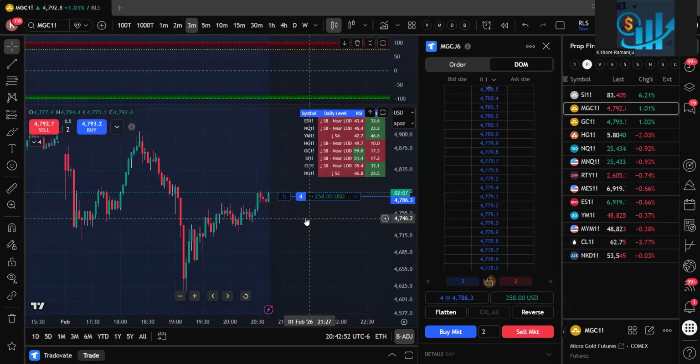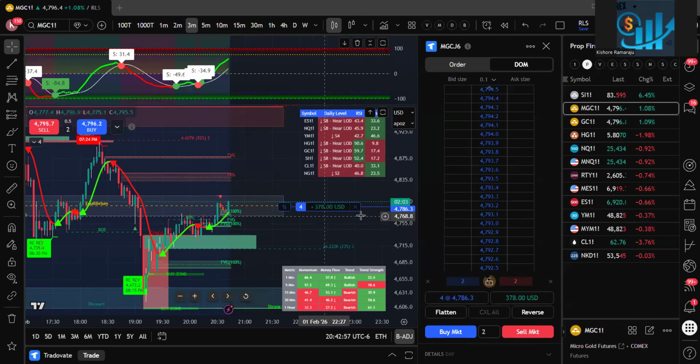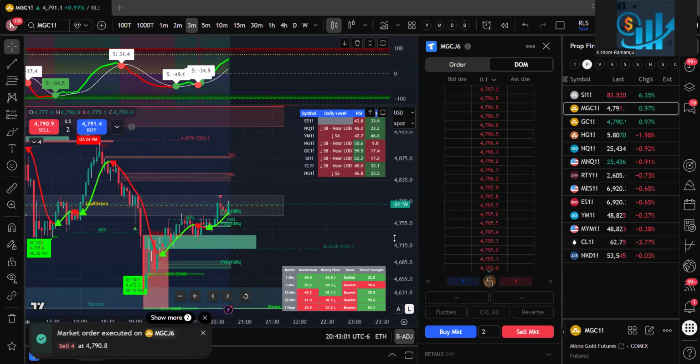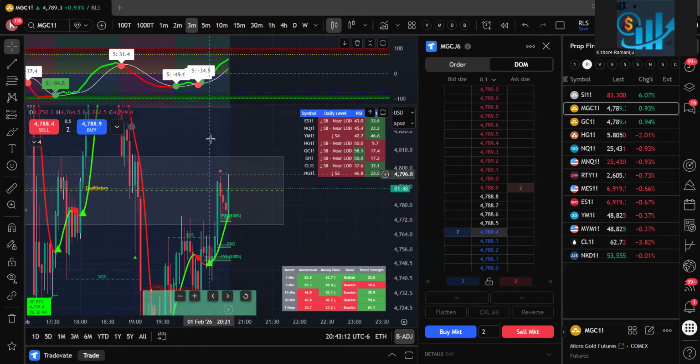I'm taking profit on GC, around $390. Because this was a big candle, there was a small retracement. Again, it started going up. So that made nearly $400.